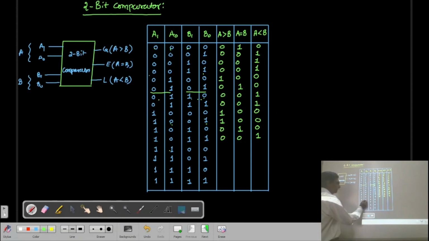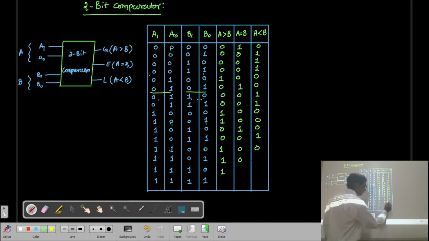Now here 1 1 is there and this is 0 0. This number is 1 1, this number is 0 0. Naturally A is high and these are 0 0. In the next combination also A is 1 1 and this is also 1 1, so in both combinations these are high and they are 0 0.